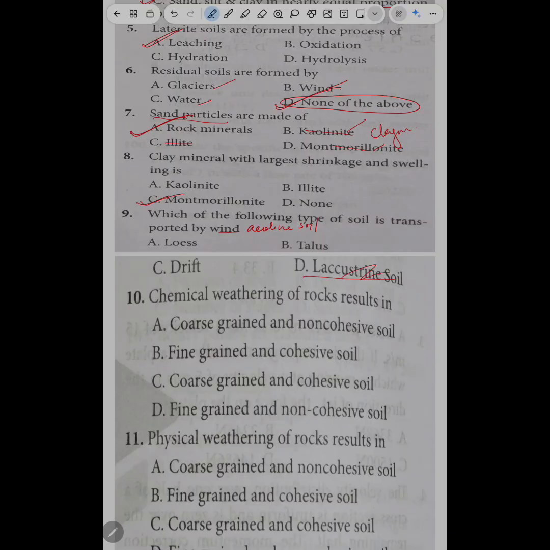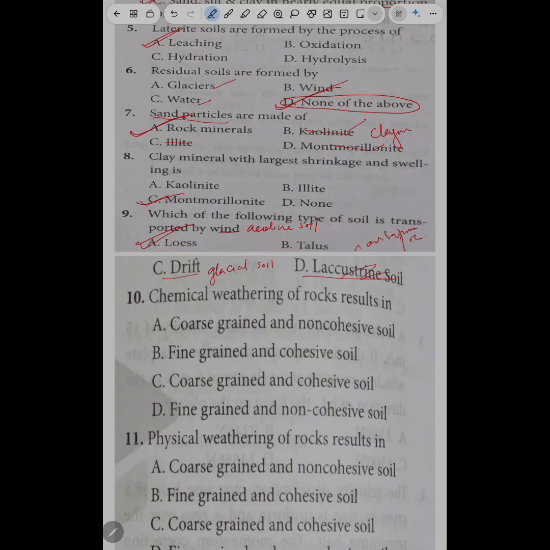Talus is by gravitational force. Drift is glacial soil; drift, till, and outwash are all glacial soil. The correct answer is loess. Loess and sand dunes are examples of aeolian soil.